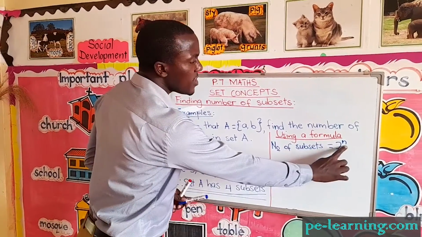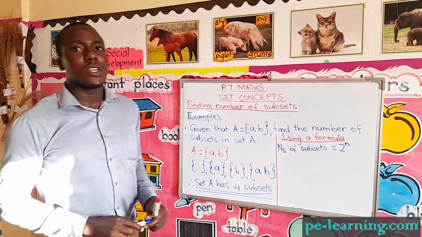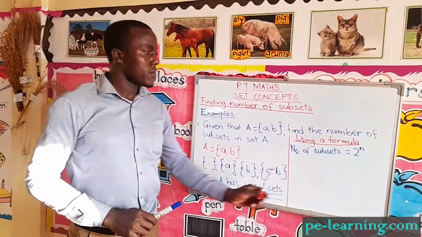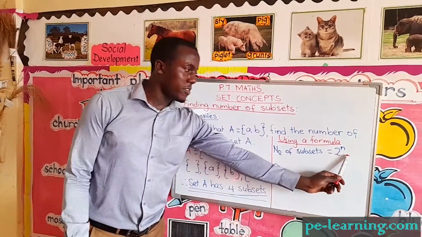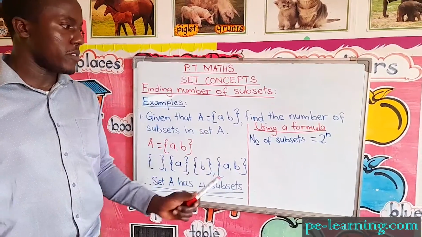Then, what is this n? N represents the number of elements in the given set.